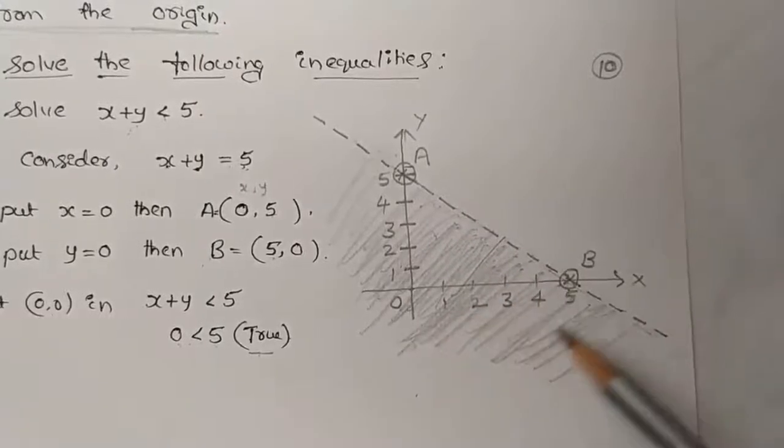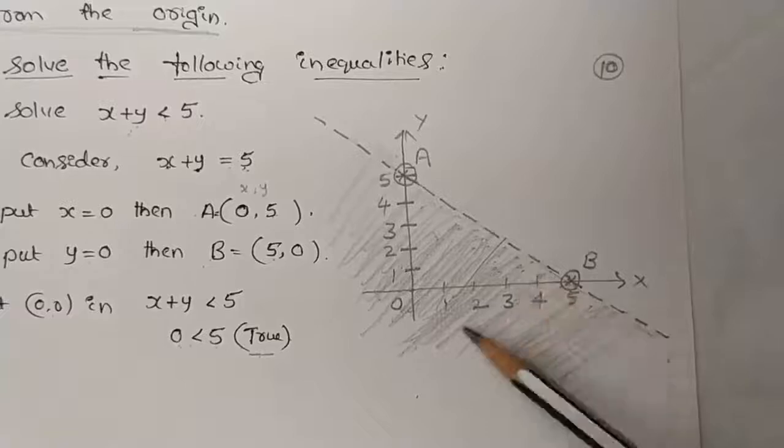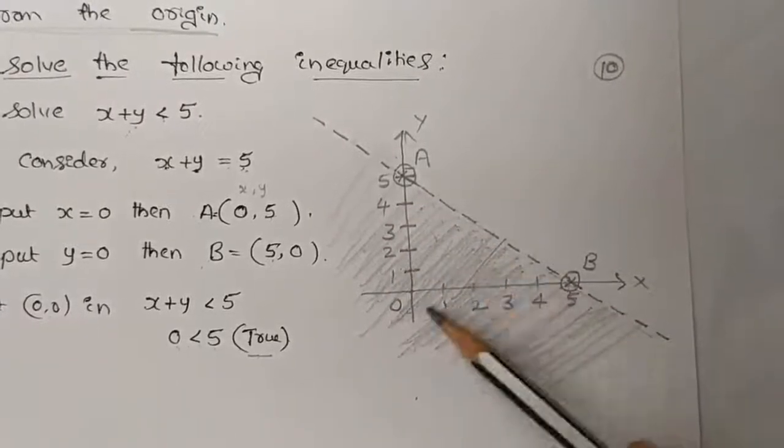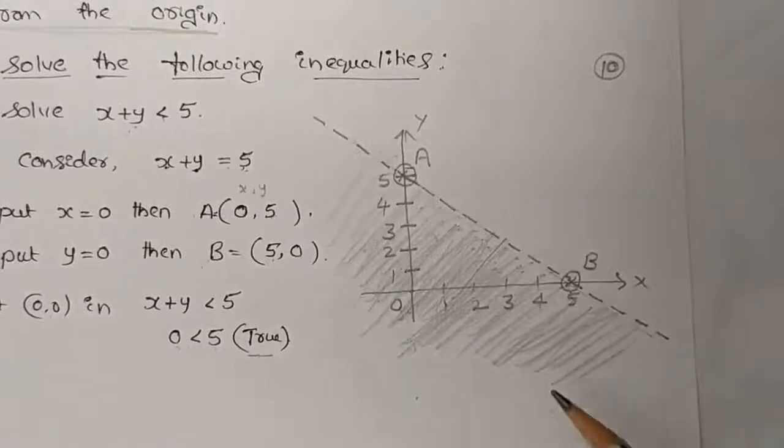It is the graph of x plus y less than 5, the graph of the linear inequality in two variables.